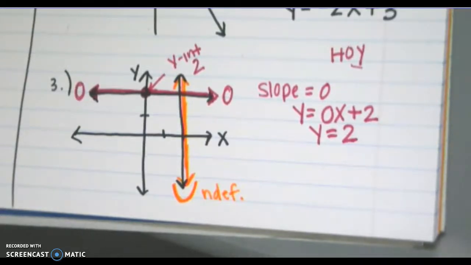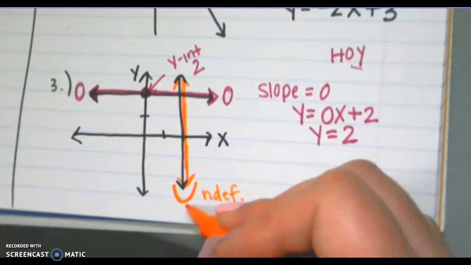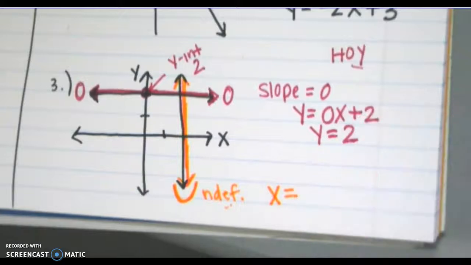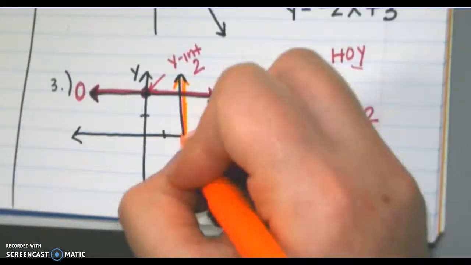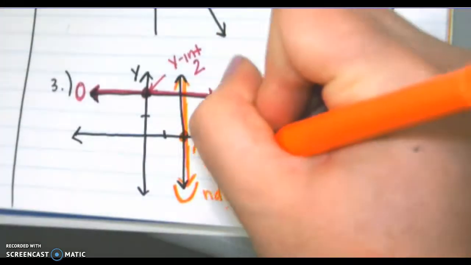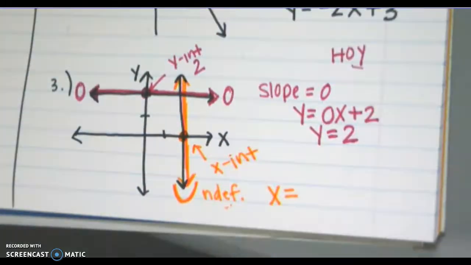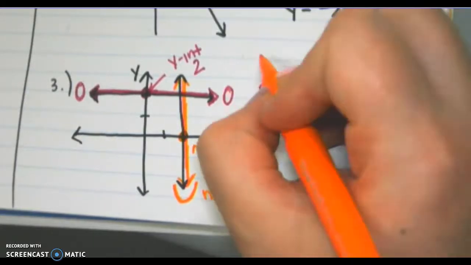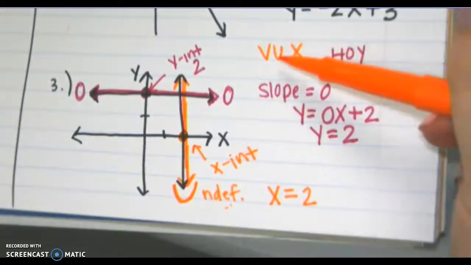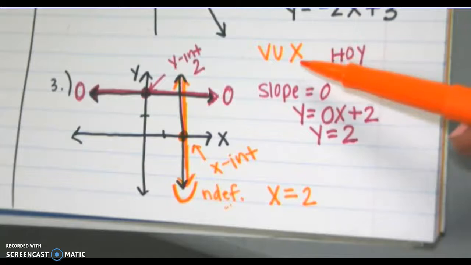It's just not possible, because even if you put nothing in front of the x, that would still be a slope of 1. And we can't have any type of slope at all. So anytime you have a vertical line, your equation is just x equals whatever the x-intercept is. So for this, my x-intercept is 2. That's the point that's on the x-axis. So that's just the equation of my line, and that's the Vox Hoy. So the vertical line has an undefined slope, and the equation should just look like x equals a number.